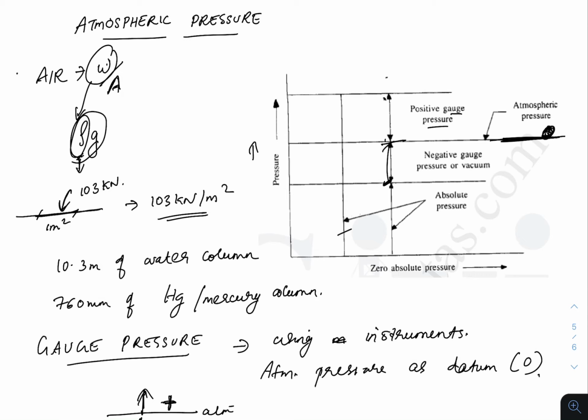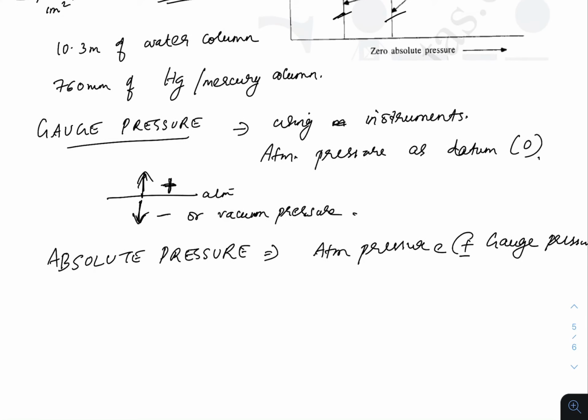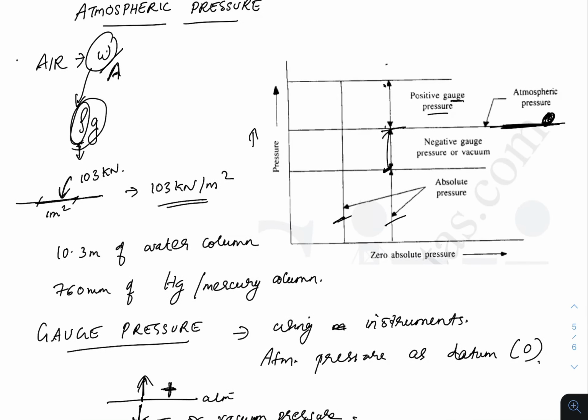See, these two are the absolute pressures. If the gauge pressure is positive, then the absolute pressure becomes atmospheric pressure plus gauge pressure. See this one, the gauge pressure is positive here. So that will be atmospheric pressure plus this value, so this one will be from this to this. So that is the absolute pressure.